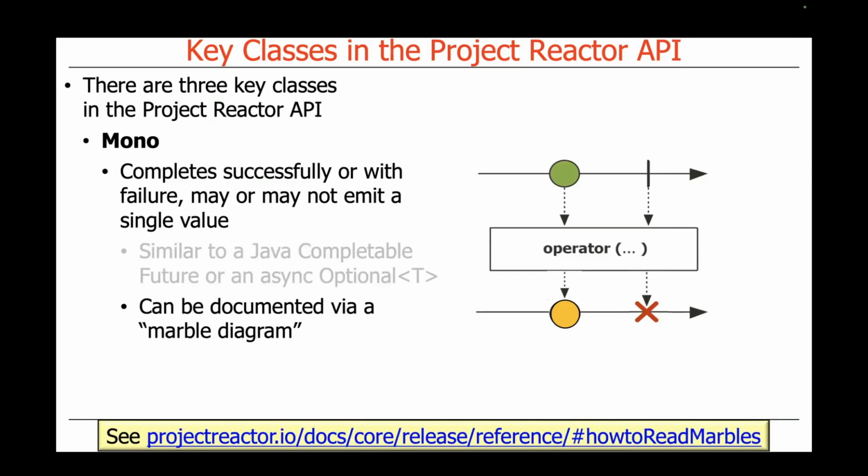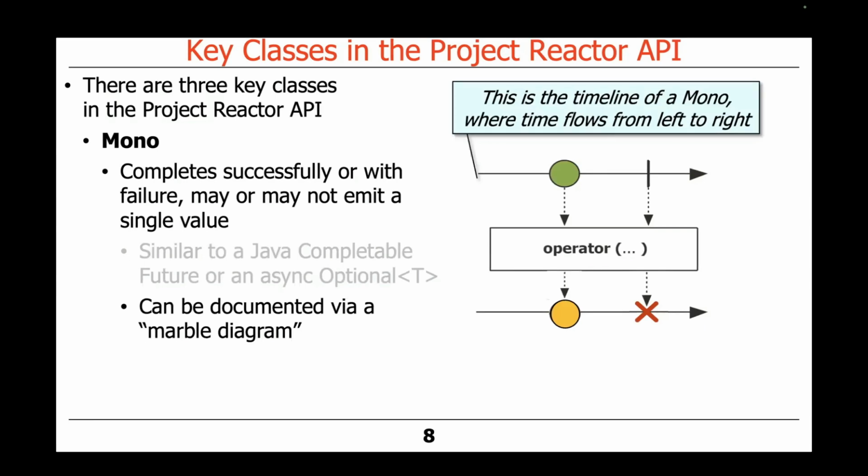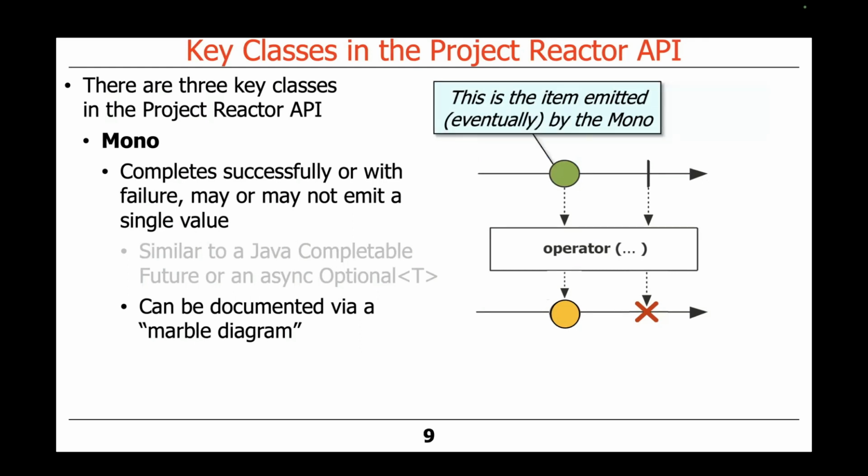Monos, like Fluxes, are typically documented using something called a marble diagram. In a marble diagram for a Mono, and for a Flux for that matter, the timeline flows from left to right. So you can see here, we're starting on the left, going to the right. This is the item that will eventually be emitted by the Mono.